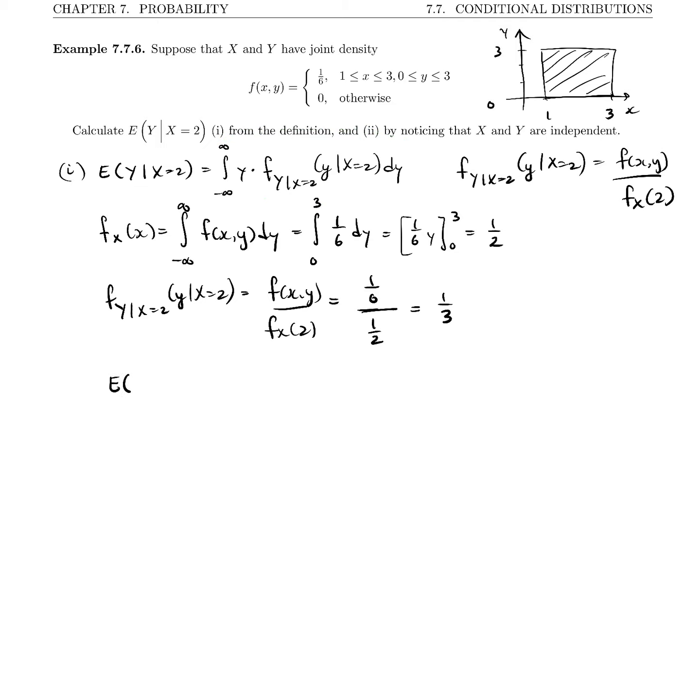So the expected value of y given x is equal to 2 is that integral, which we'll just recopy. So the integral from minus infinity to infinity of y times the conditional density function, and that takes longer to write than to actually calculate, almost.